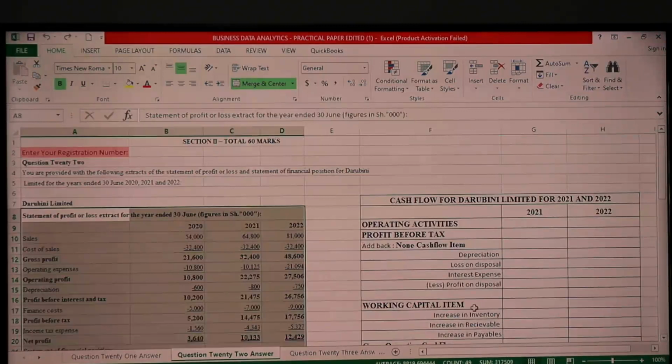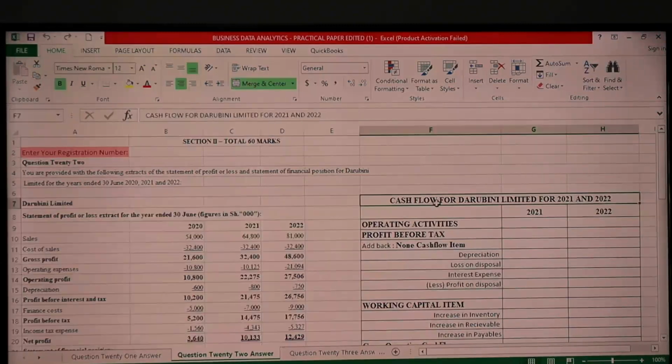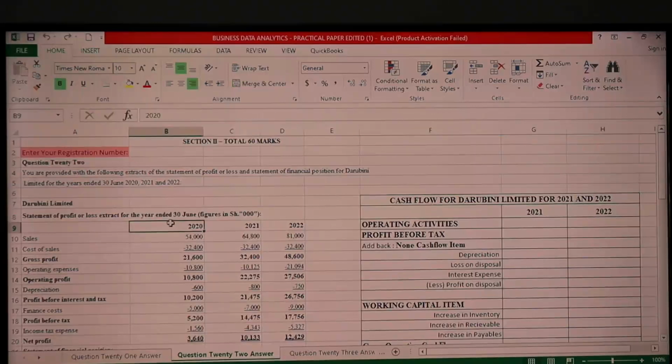And since you don't have time to write down that, though you're supposed to type it in your exam, I'll send you that worksheet that is already formulated with that statement of cash flow. Then we are going to run that cash flow together.